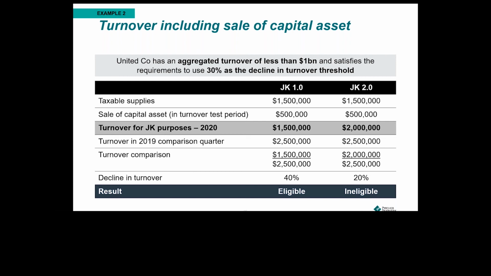But for some employers who perhaps have needed to dispose of their capital assets in the COVID period in order to give themselves some cash flow and keep afloat, this could potentially impact their ongoing eligibility for JobKeeper payments from the 28th of September onwards.